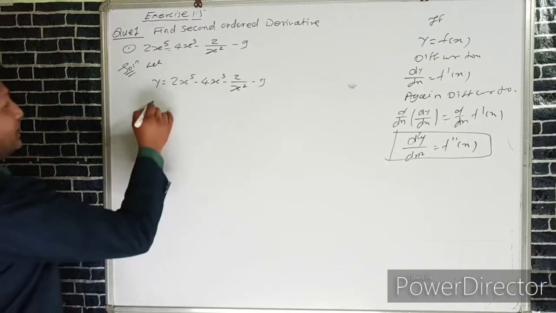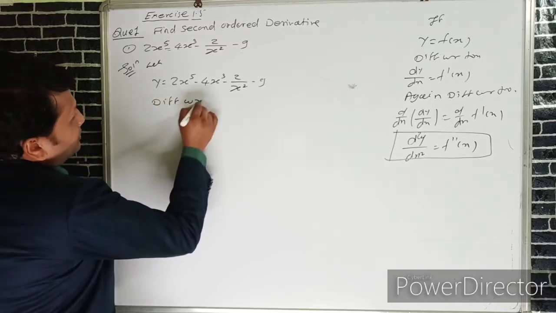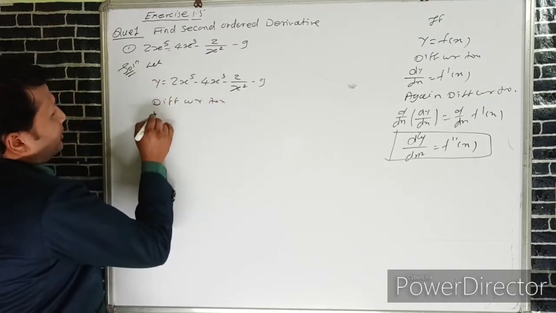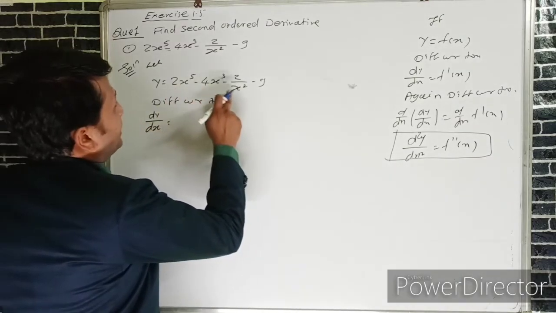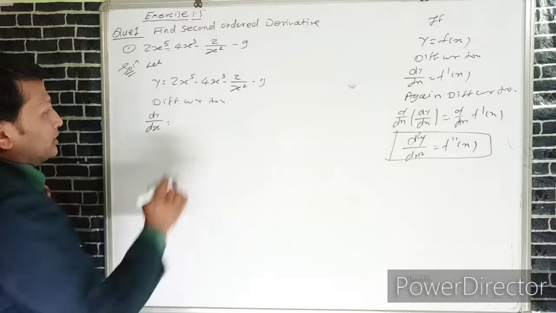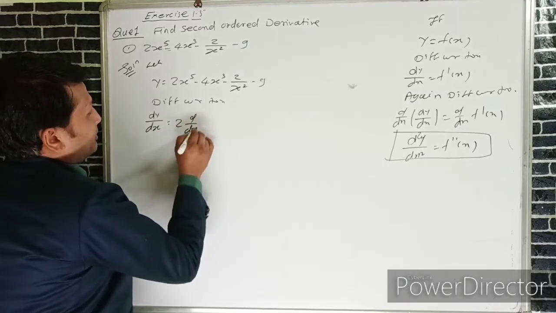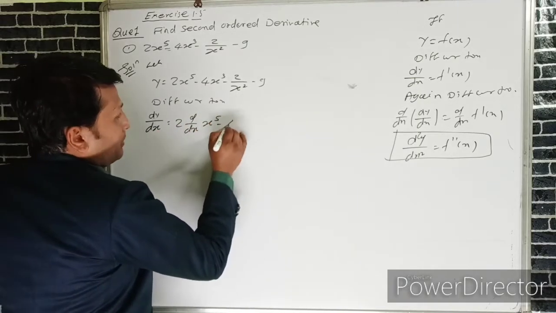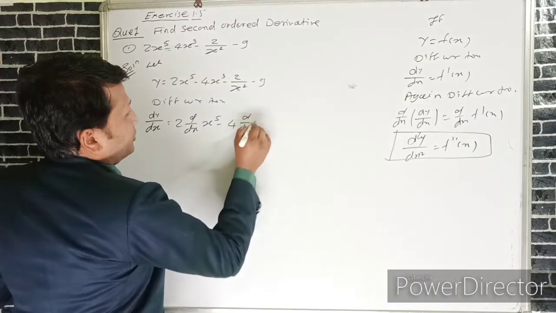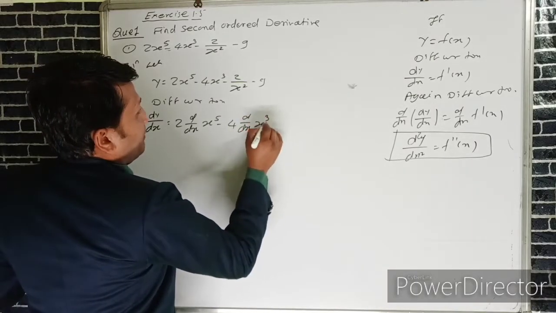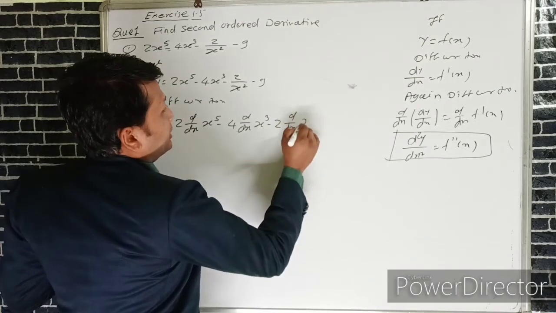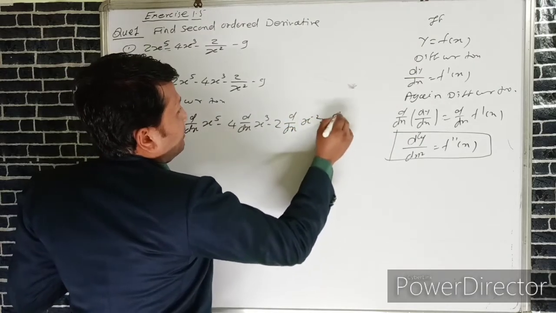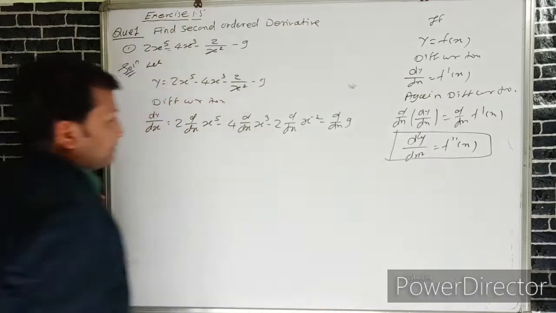If we differentiate with respect to x, the derivative of y which is dy by dx, we can take a separate derivative of every term. 2 is constant, we take the derivative of x raised to the power 5, minus 4 into the derivative of x cube, minus 2 into the derivative of 1 upon x square, which we can write as x raised to the power minus 2, and minus the derivative of 9.